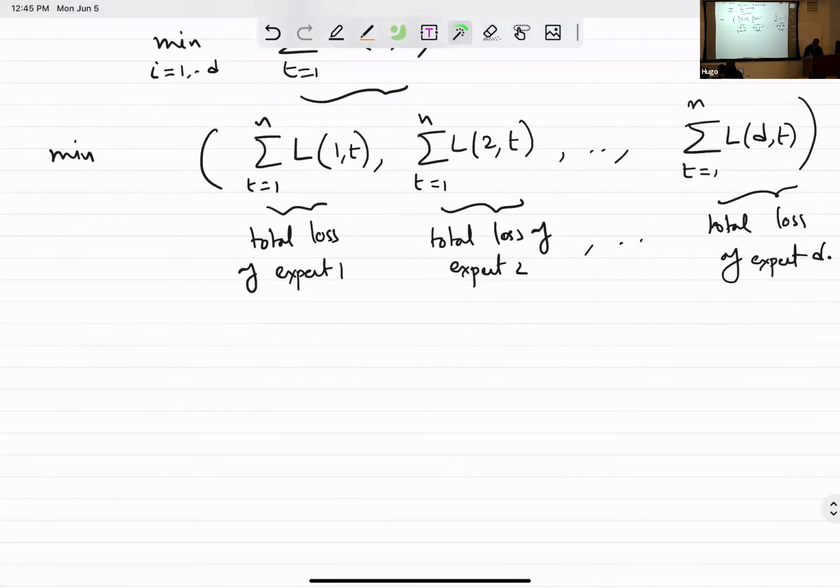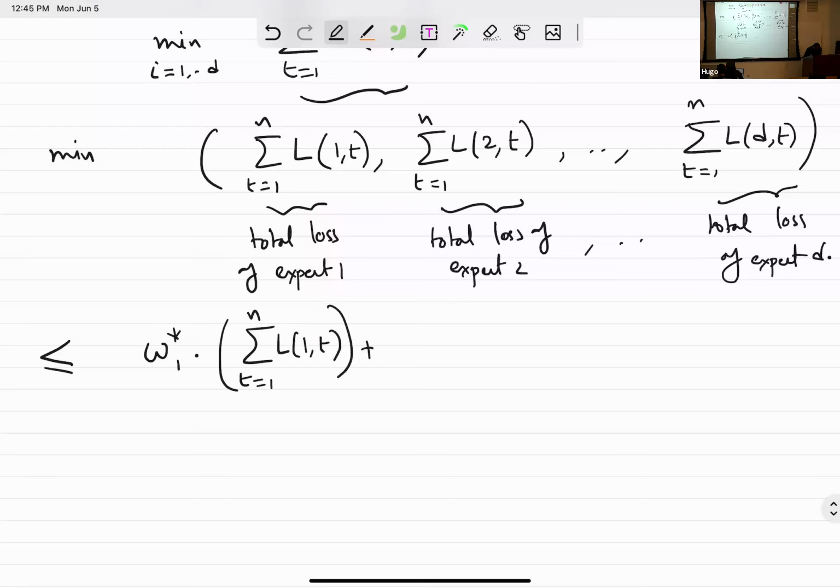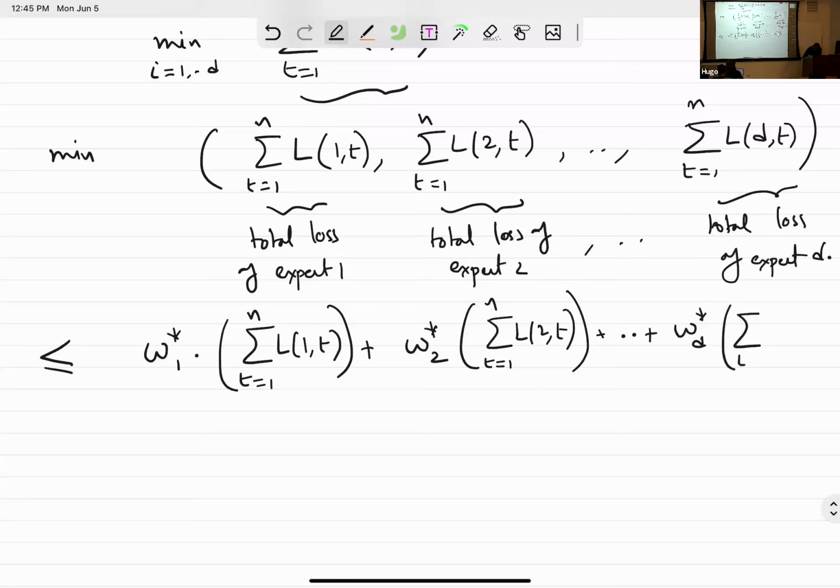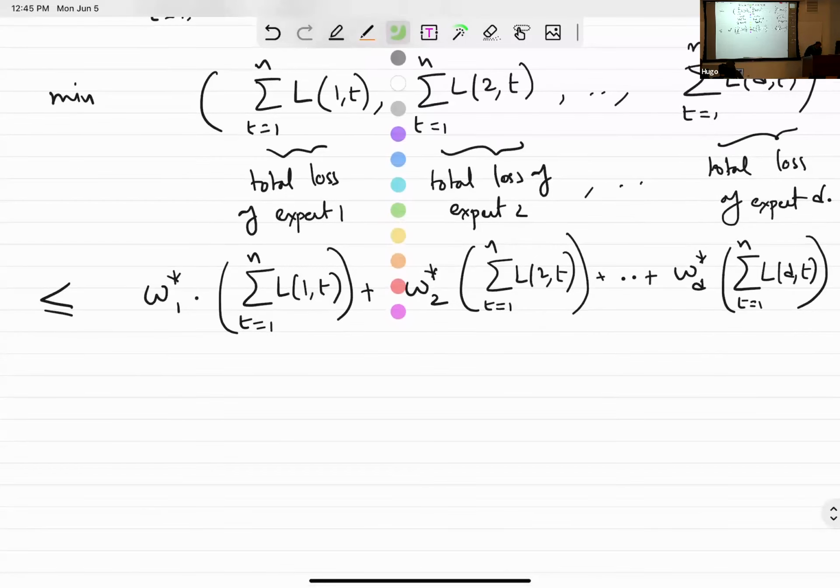Right? So in particular, this is less than or equal to W star 1 times the loss of the first expert plus W star 2 times the loss of the second expert, and so on. Okay. So why is this?